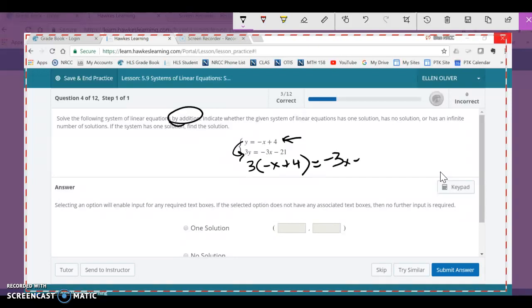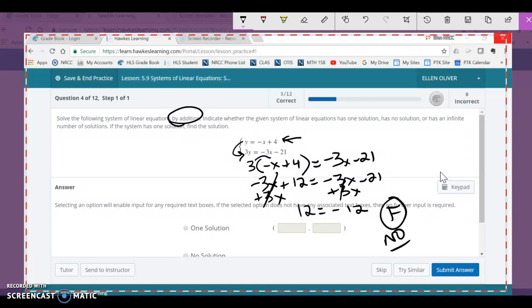Why would I work any harder than I should? So negative 3x plus 12 equals negative 3x minus 21. Add 3x to both sides, and look what happens. They're gone. And I have a statement that says 12 equals negative 21. Well, that's false, so there's no solution.